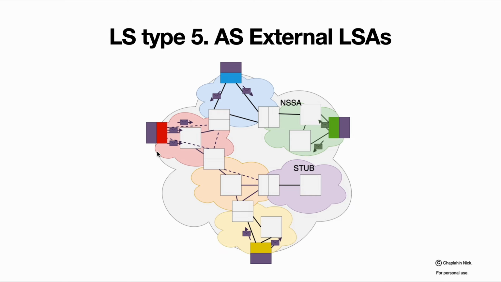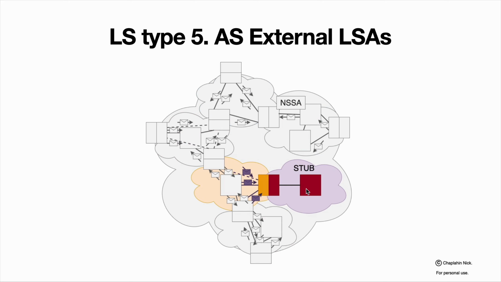Those are LSAs that inform devices within an area about paths in other autonomous systems and are generated by devices that are autonomous system boundary devices within specific areas. They are forwarded to other areas by boundary devices, except LS type 5 is not forwarded into a stub area, because we don't need it.